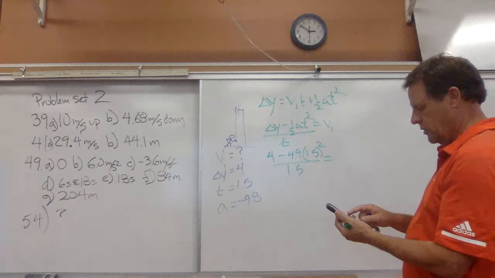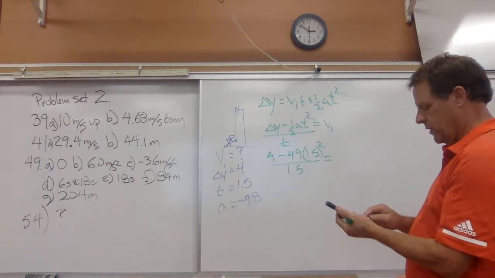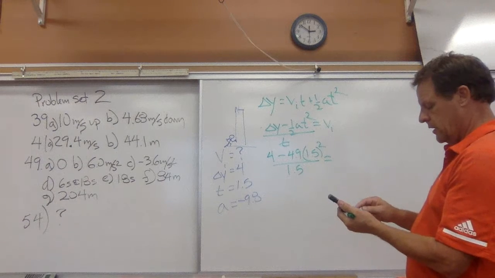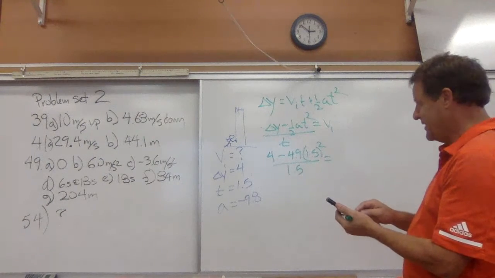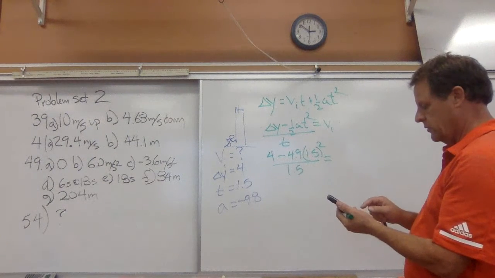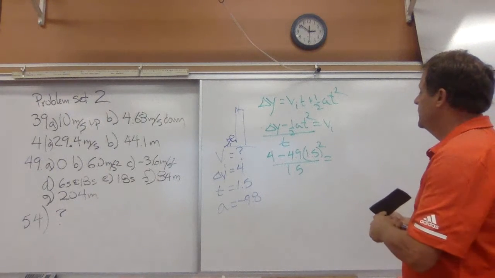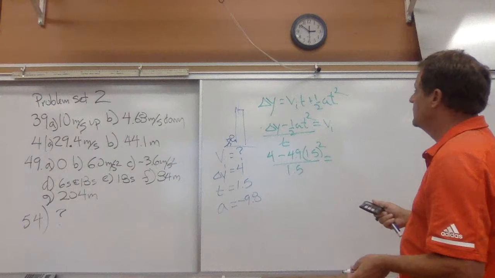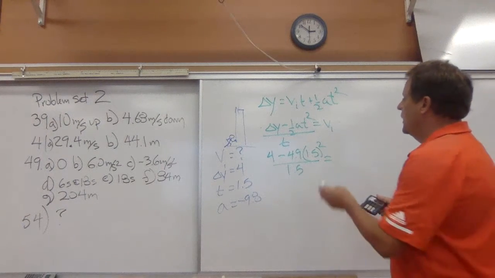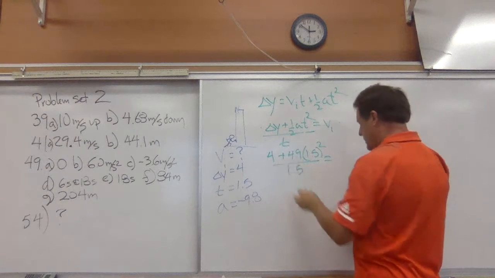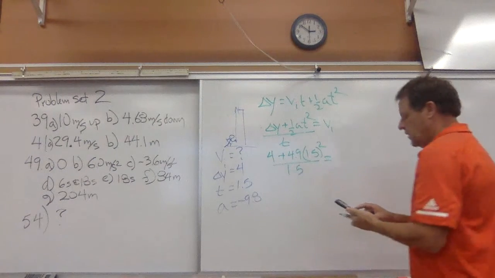So we're going to have 1.5 squared times negative 4.9 equals, actually, this was a negative, and when we moved it to the other side, it turned positive.